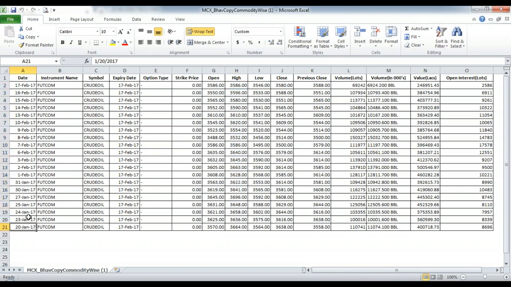If you take it from here, because it's a reverse report actually, do you see that it was somewhere around 3600, and it was going to the range of 3500? So it was actually falling, correct?